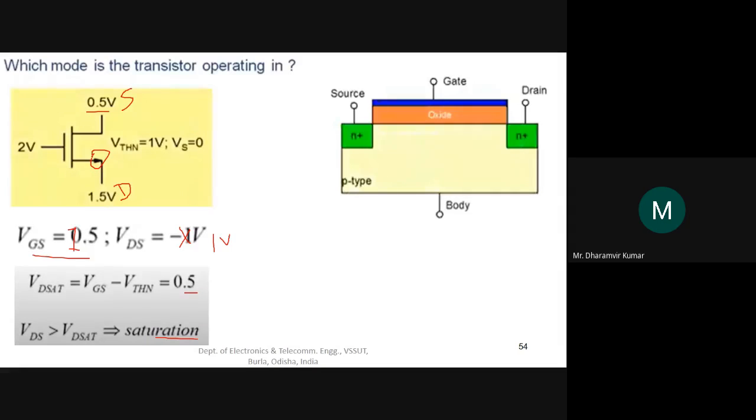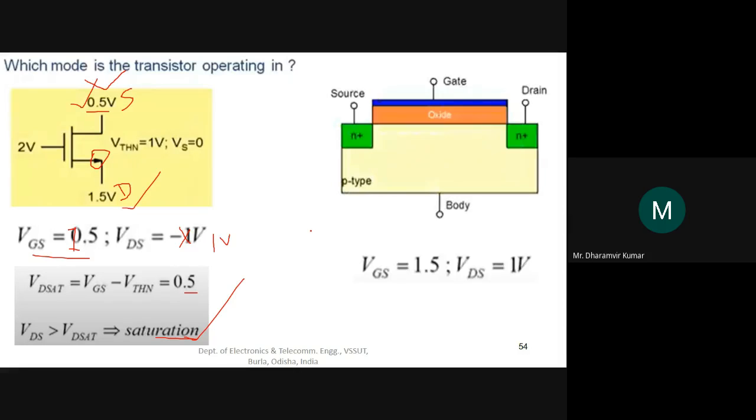It has no concern about it. So we will see which terminal is connected to lower potential, and we will take that terminal as the source terminal, and the other terminal which is connected to higher potential as the drain terminal. And then you will calculate these parameters and decide whether the device is in linear or saturation. Okay, so keep this in mind.